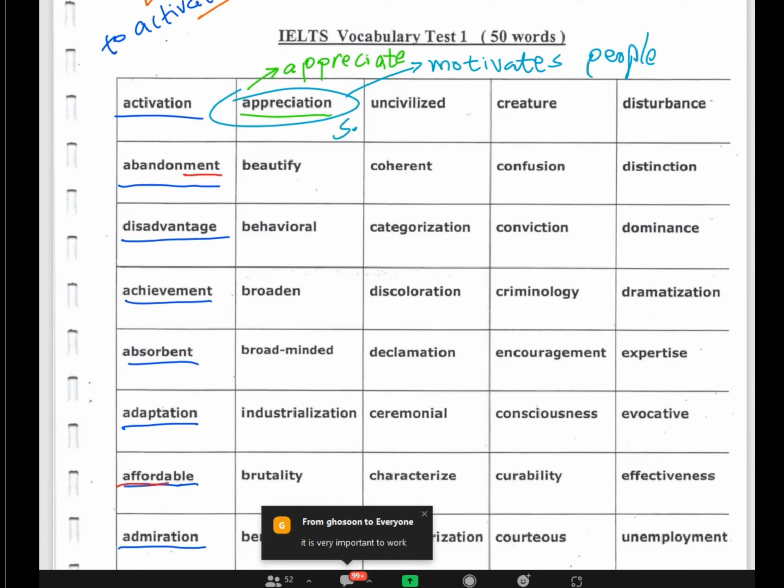Nobody will work hard, to encourage or to motivate. Okay, what kind of appreciation do people get in their life, or at work, or at school? It can be words, prizes. What else?